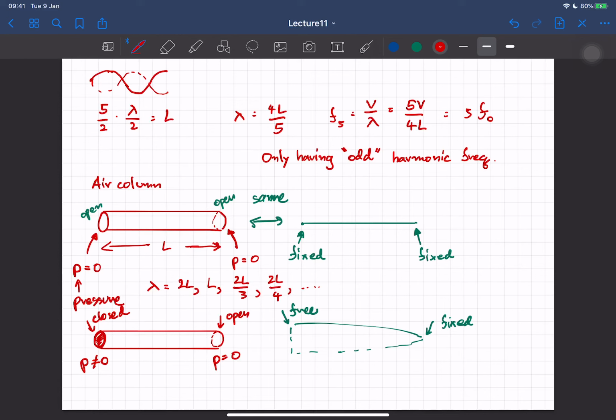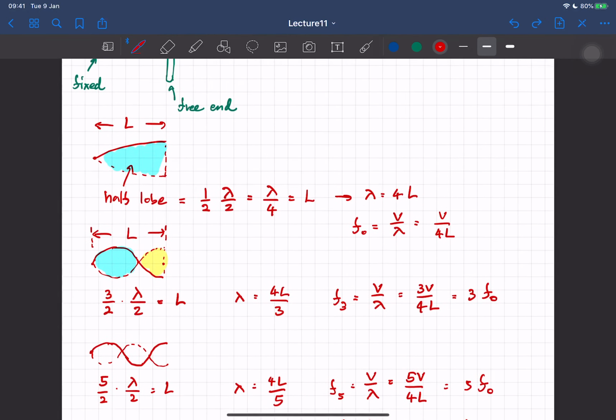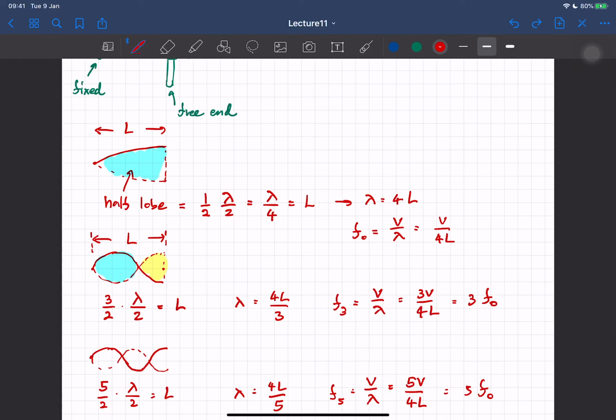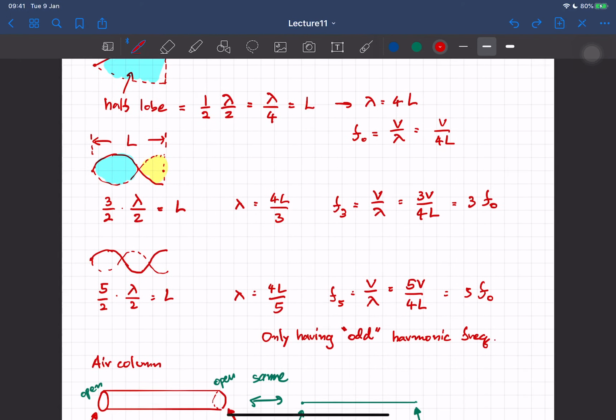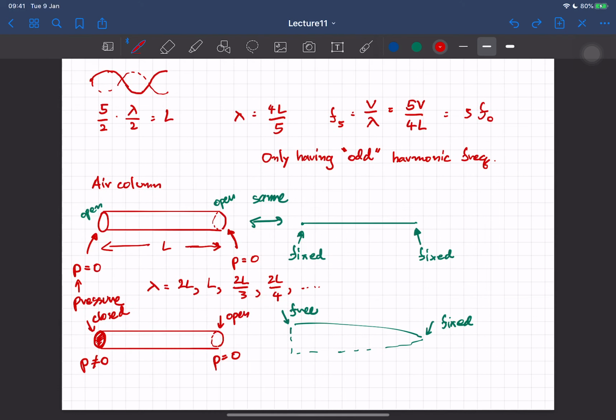So equivalent to the string, that means the left end is free, the right end is fixed. So we are back to the case that we just talked about up here, where one end is free, the other end is fixed. And in this case, lambda is the same as before. So lambda is going to be 4L over 3, 4L over 5, 4L over 7, so on and so forth.